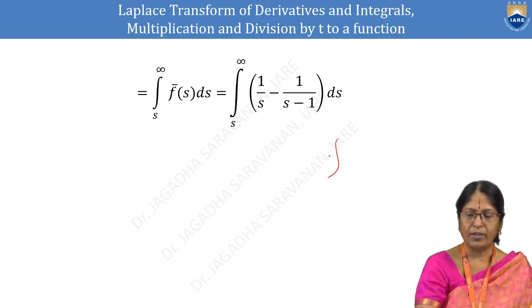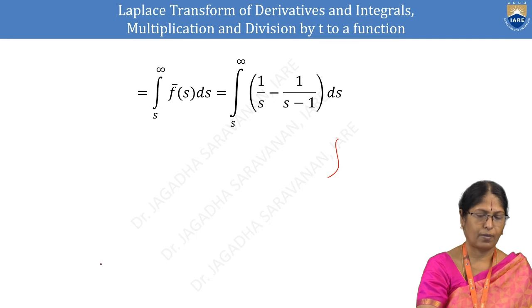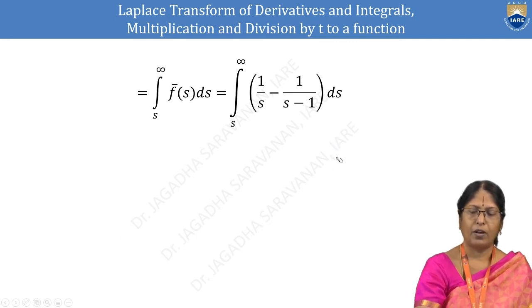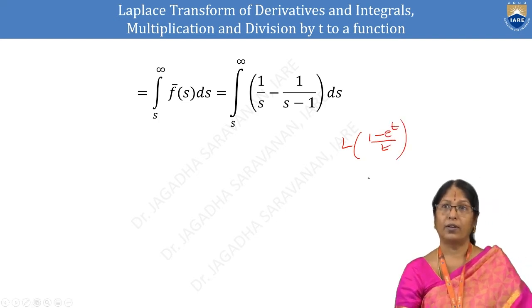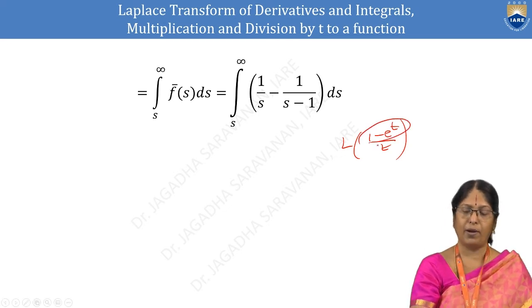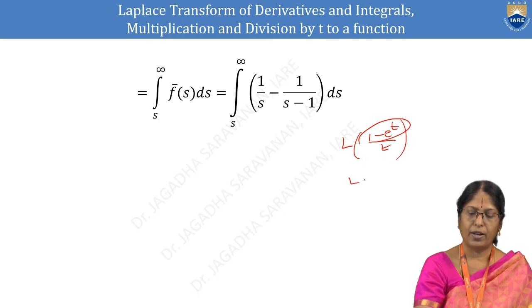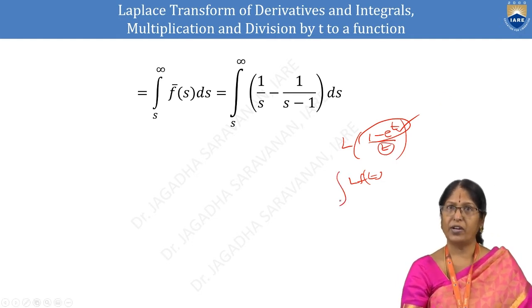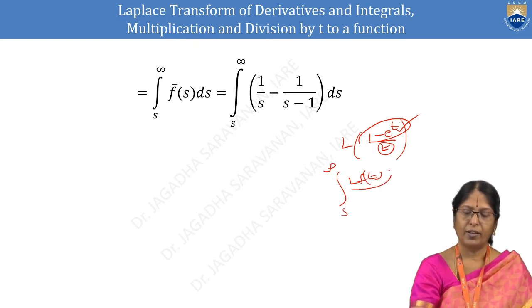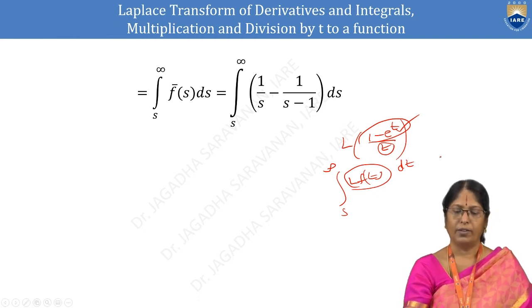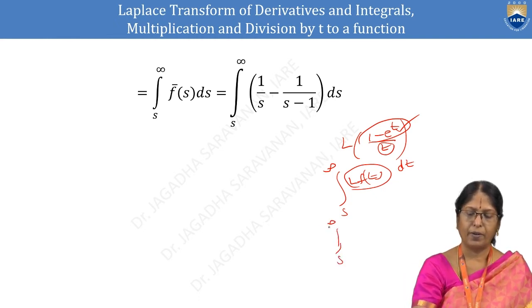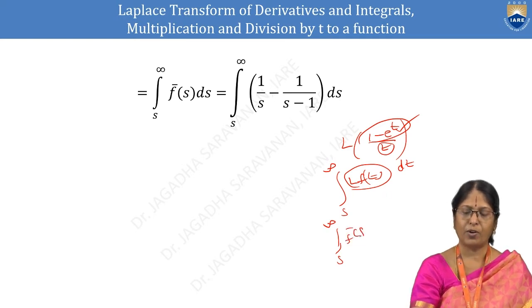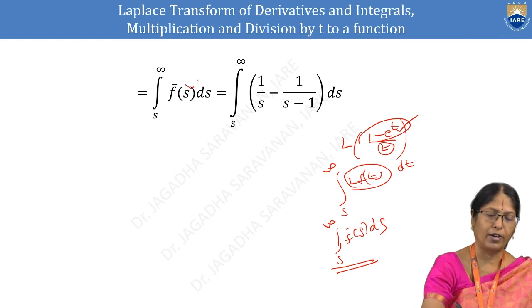So now our question is L of this numerator part, L of f of t divided by t, which is the integral from s to infinity of L of f of t, that is, f bar of s ds. That's what is written here.